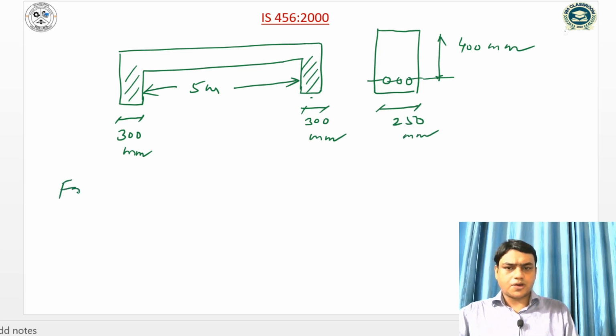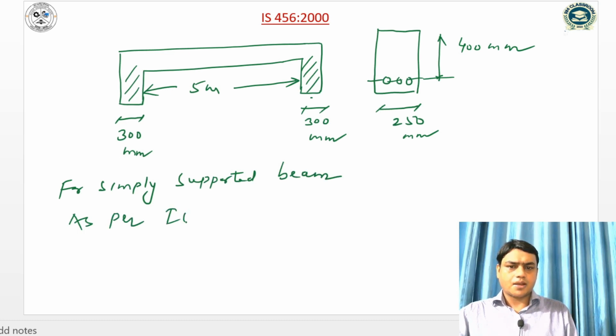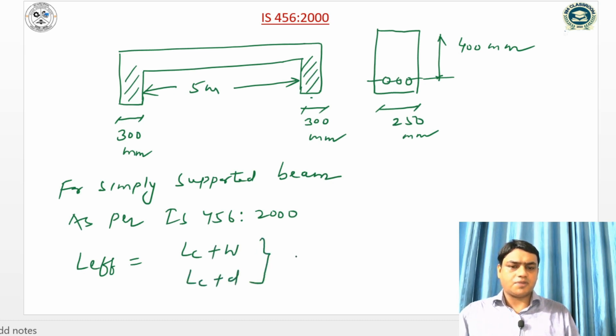So for a simply supported beam as per IS 456-2000, L effective is equal to clear span plus width of the support or clear span plus effective depth of the beam, whichever is less. So our effective span will be measured from the center.